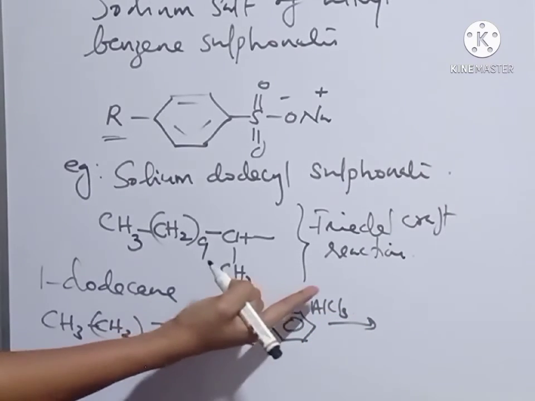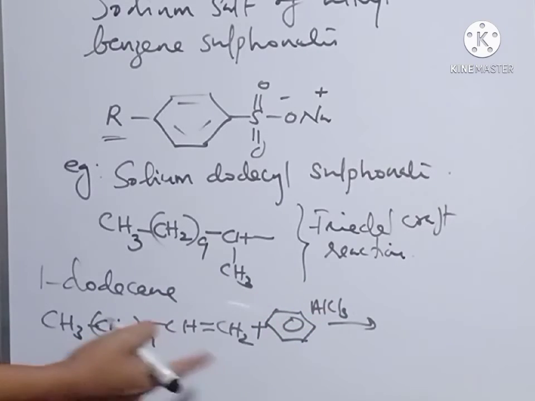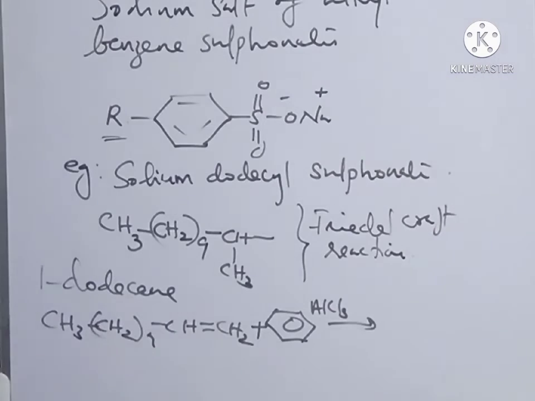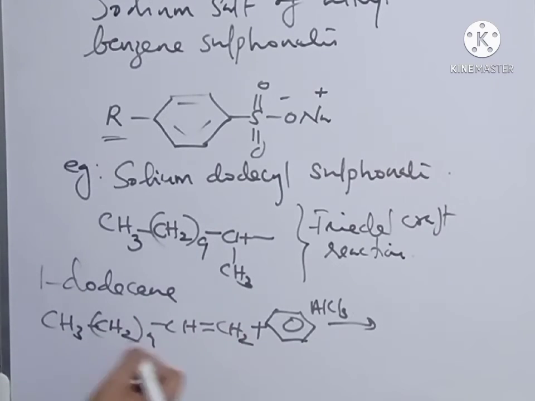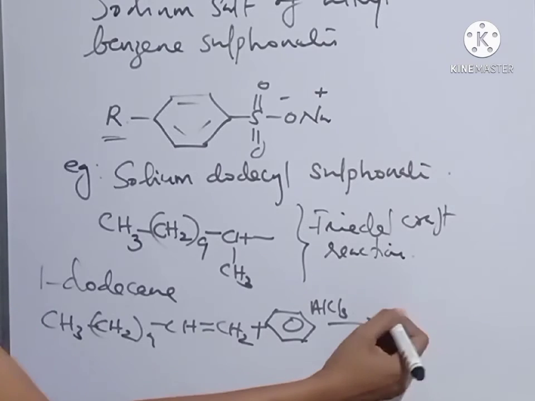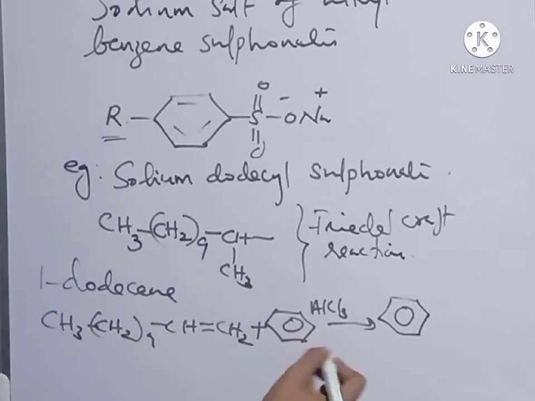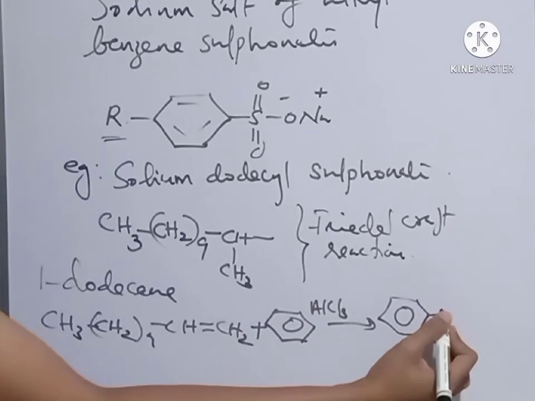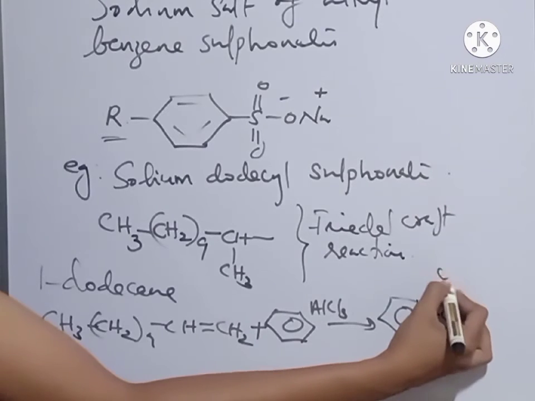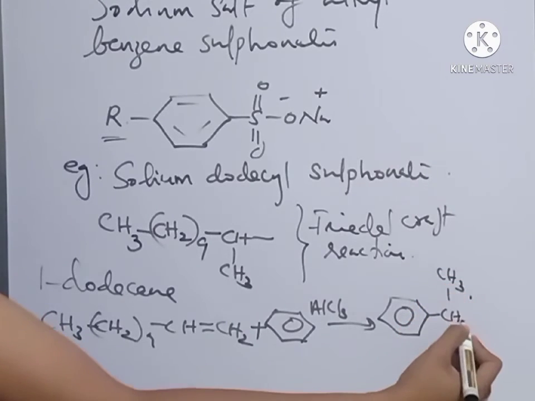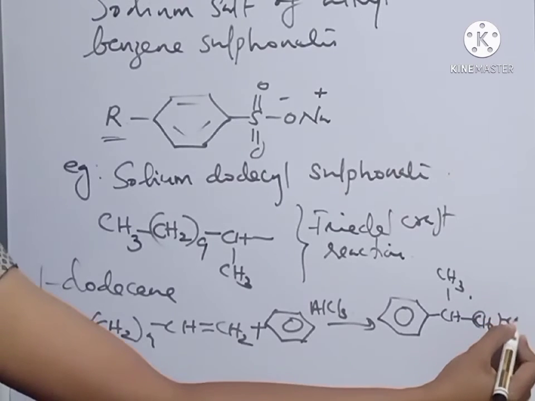The substitution reaction will take place and we will get this molecule, that is benzene having a CH3 and (CH2)9 CH3.